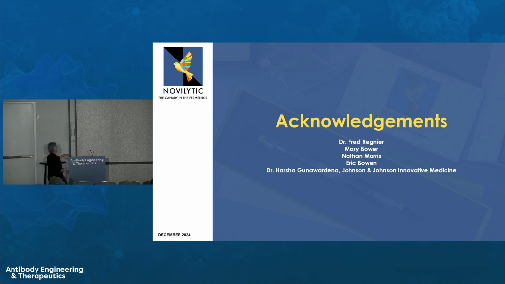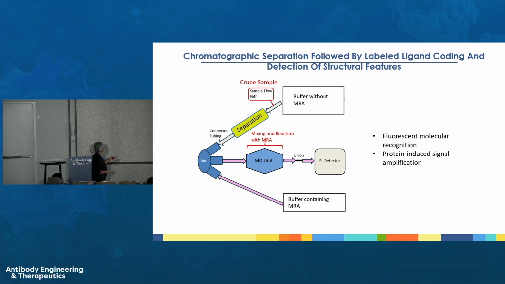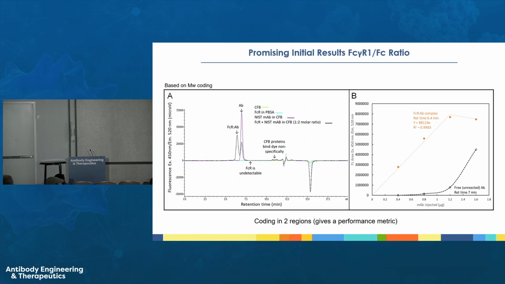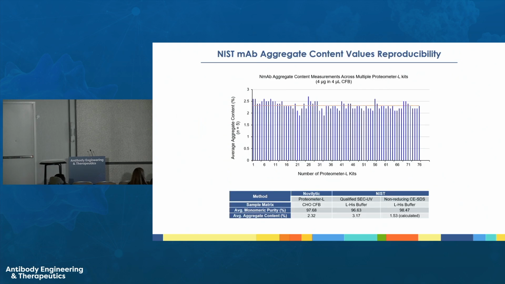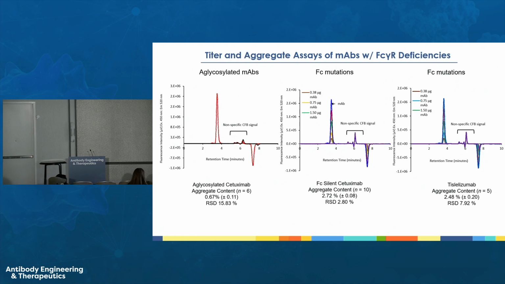Let me show. Yeah, here. This one was rituximab that contained a mutation at the asparagine N297.